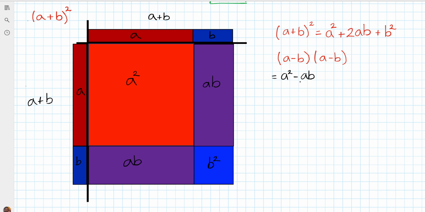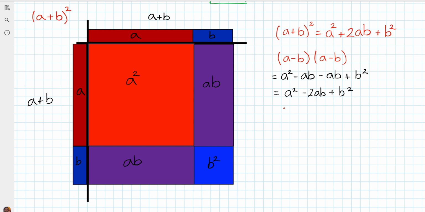Remember to always write your terms in alphabetical order. Then negative B times A is negative AB. And then negative B times negative B is equal to positive B squared. If I collect like terms, the ones in the middle are like terms. So this one is going to be A squared, take away 2AB plus B squared.